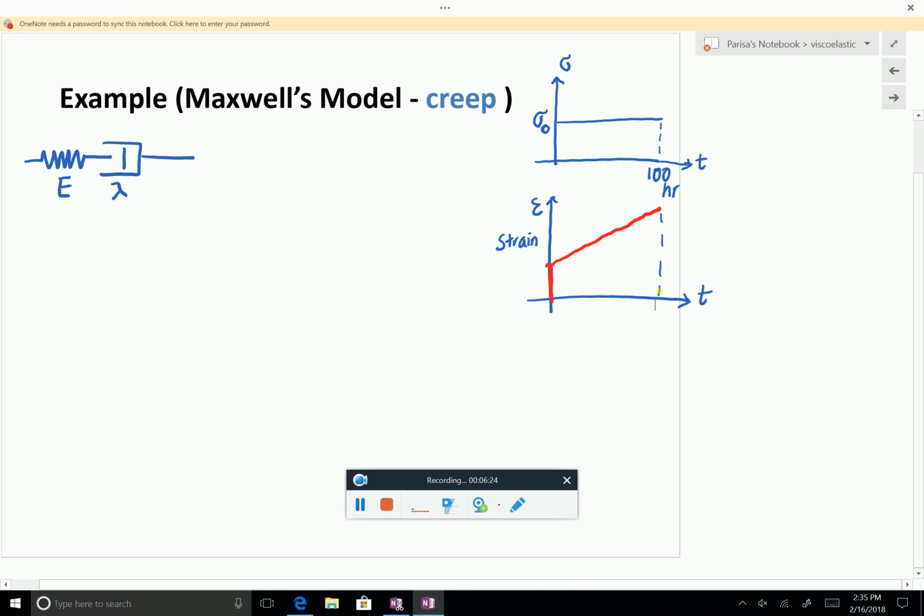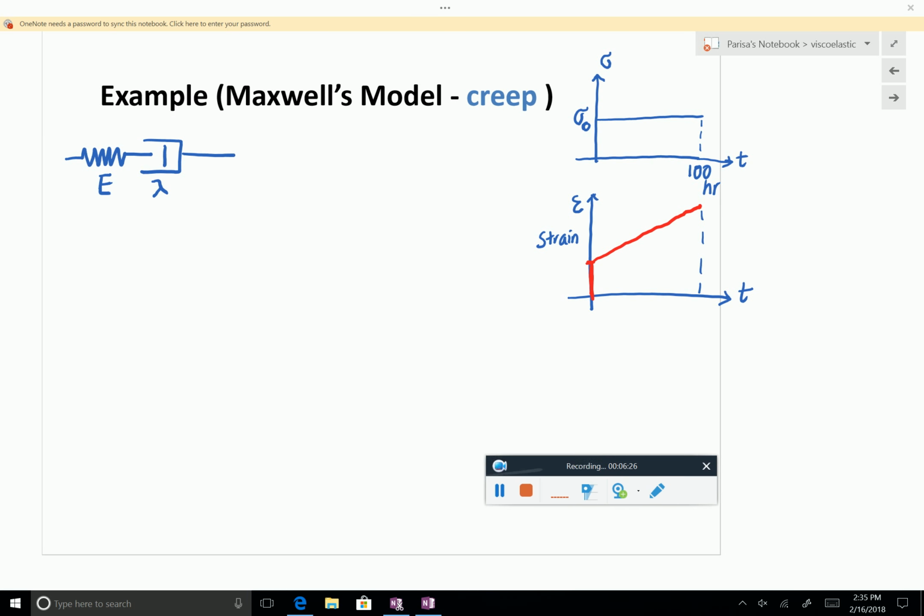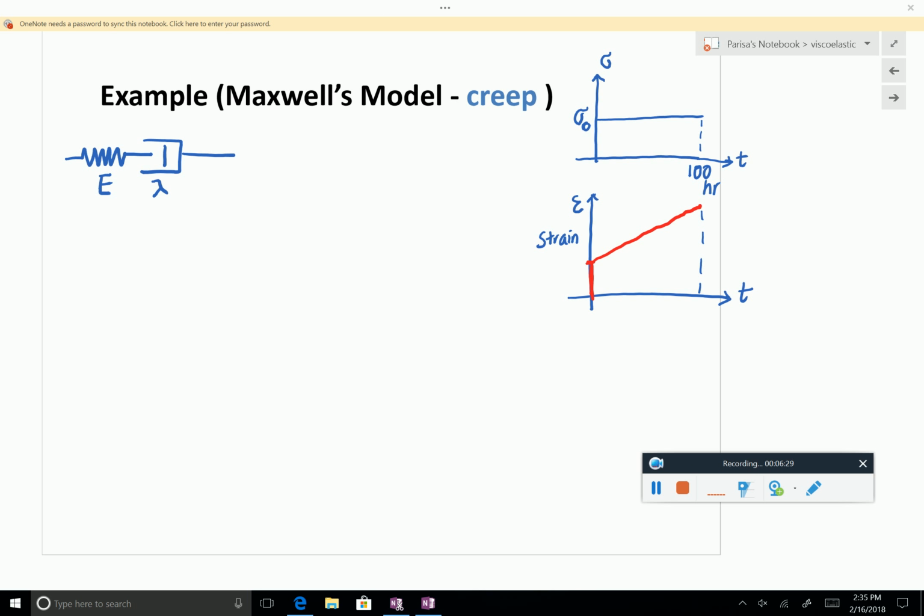It's super important that you can go from stress to strain diagrams. And what is this slope? This is sigma 0 over lambda. And the elastic strain is sigma 0 over E.